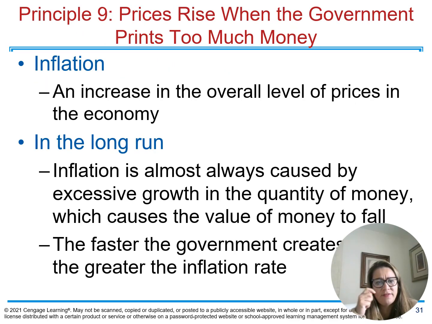Principle number nine says that prices rise when the government prints too much money. So this leads to inflation. The definition of inflation is an increase in the overall level of prices in the economy. So it turns out that in the long run, inflation is mostly caused by an excessive growth in the quantity of money.